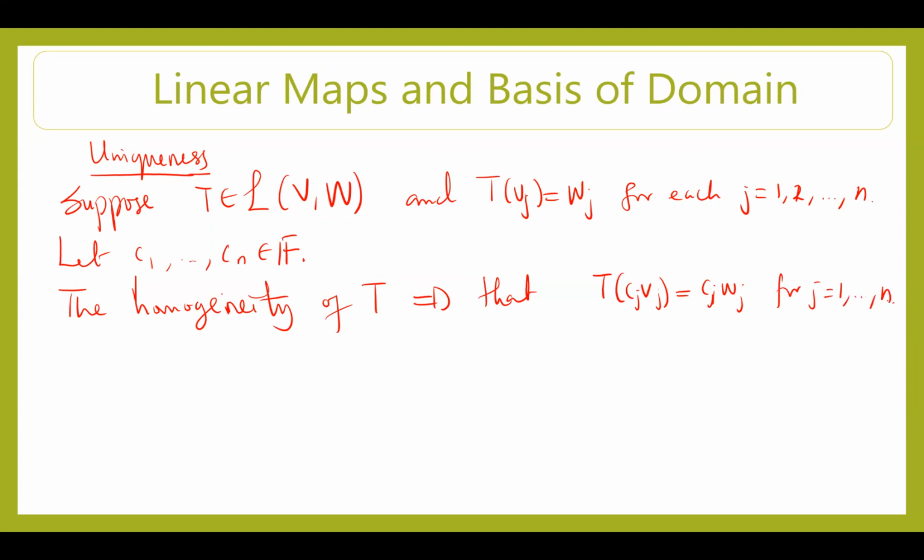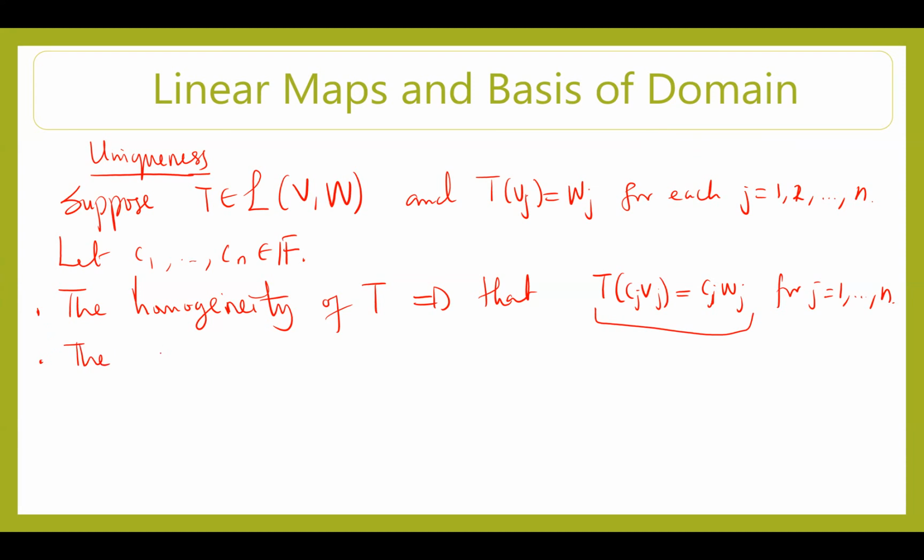When I take V, I can write it uniquely. In other words, by the homogeneity of T, because we've seen that T of CU equals C T of U, that property allows me to do the same for each element. That is the first thing.